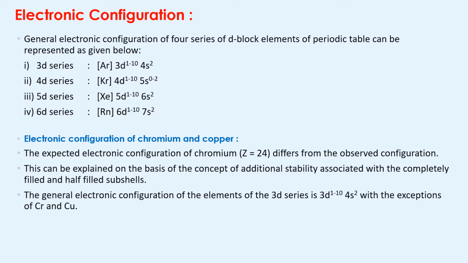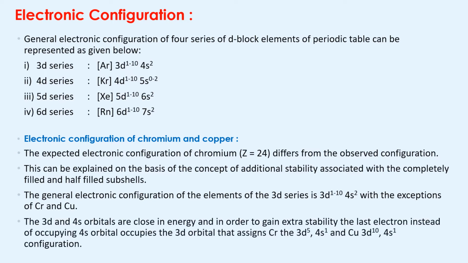Now see, the general electronic configuration of elements of the 3d series is 3d 1 to 10 4s2. But there is an exception only for chromium and copper. Now what happened for chromium? When you write for 24, you write the electronic configuration as argon 3d4 4s2.